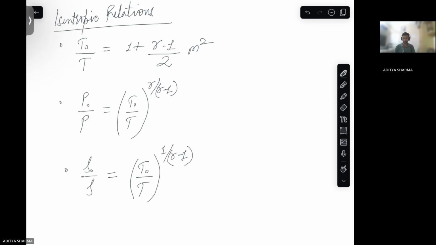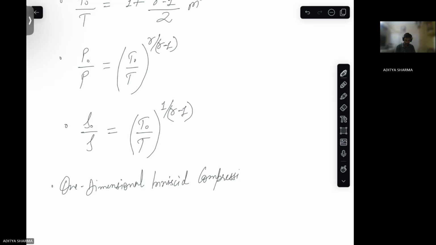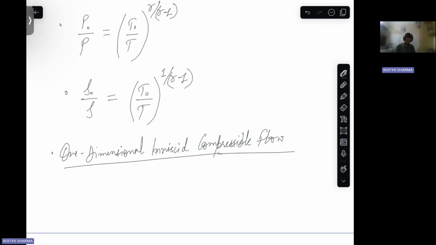For the momentum equation, in case of compressible flows, if we see one-dimensional inviscid compressible flow, the momentum equation becomes P1 plus rho 1 u1 squared equals P2 plus rho 2 u2 squared, conservation of momentum.